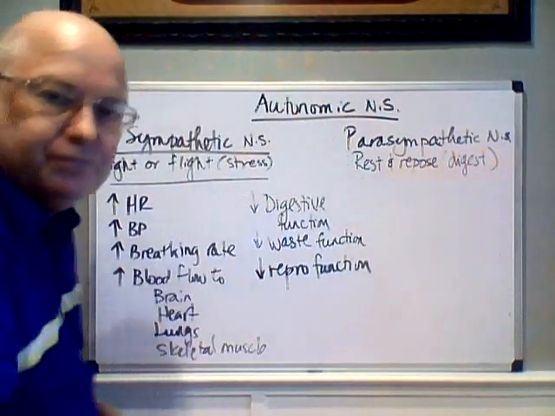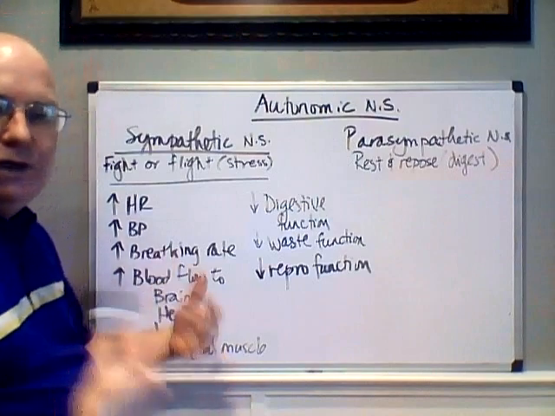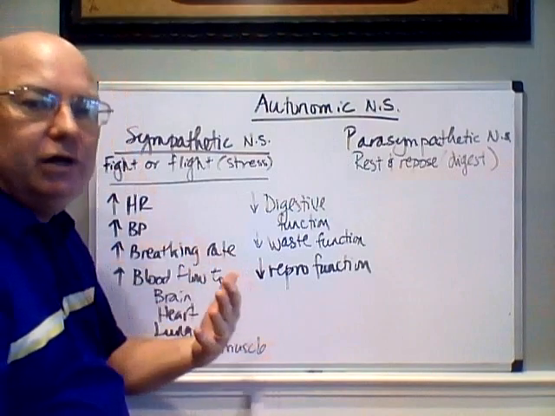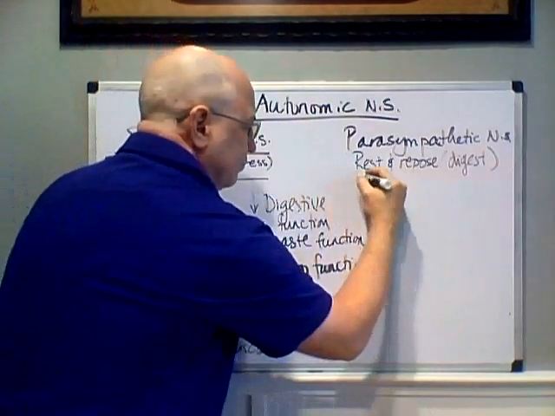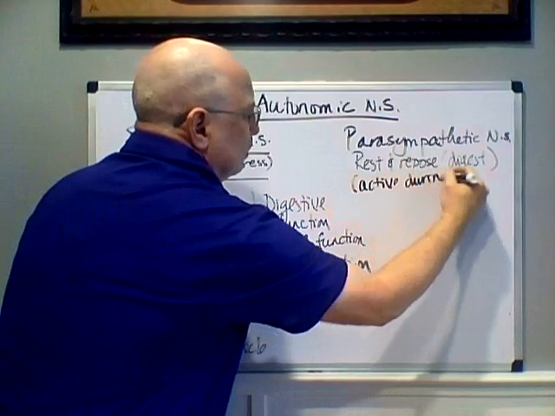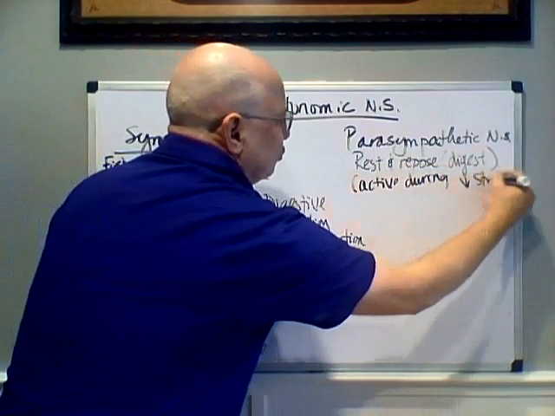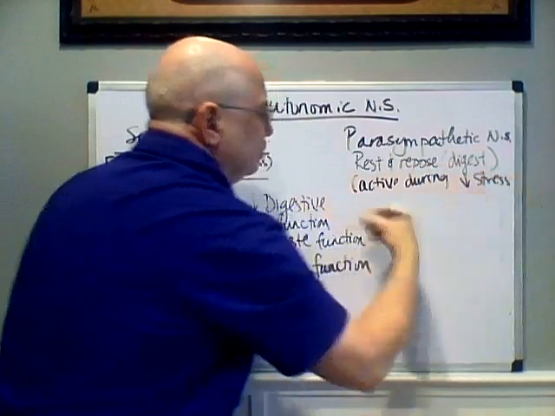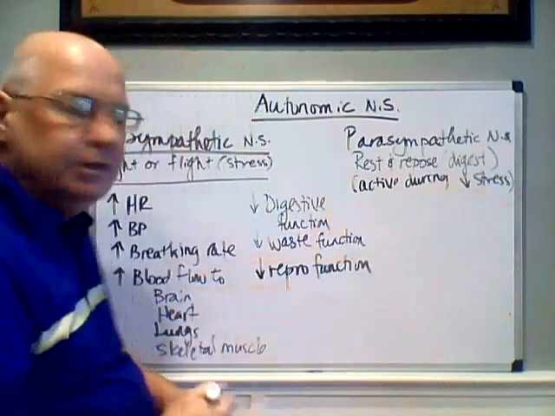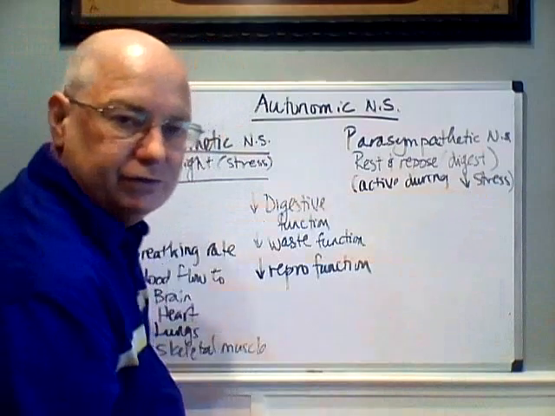Rest and digest. Or I say rest, digest, and reproduce. And it's going to be active during low levels of stress. Decreased stress, okay? I know my penmanship's not the best here. I'm trying to be neat so that you guys can read this. But it really is active during low levels of stress.